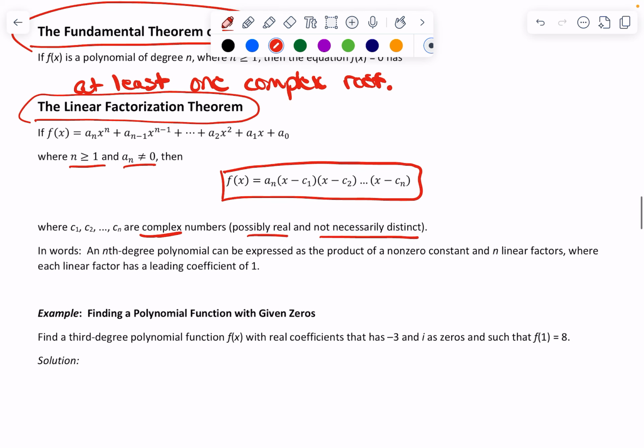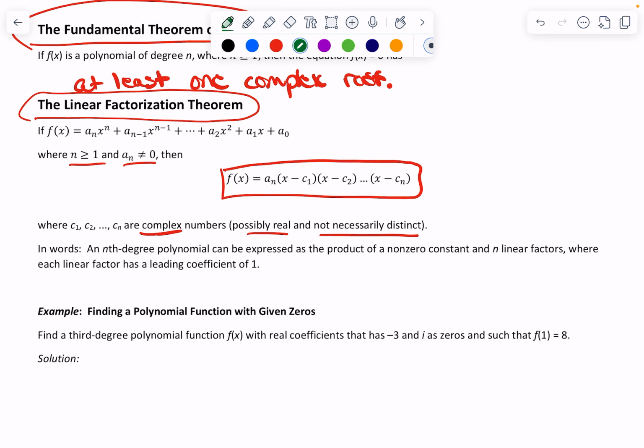So in words, an nth degree polynomial can be expressed as the product of a non-zero constant and n linear factors, where each linear factor has a leading coefficient of 1.